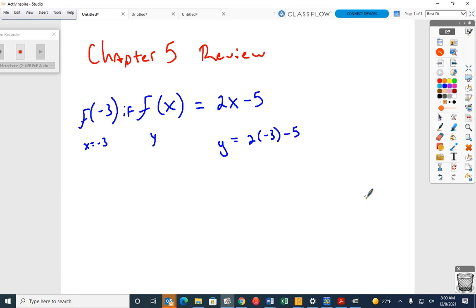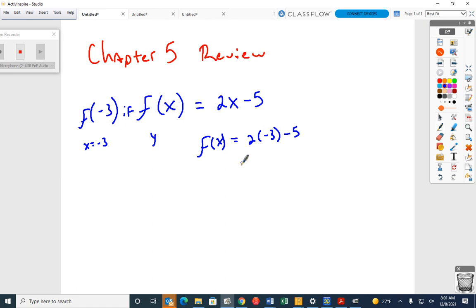When we identify this on a table, we're actually going to call it a y. We'll keep it as an f of x for right now, as a function. So all we did was replace this x right here with a negative 3. We have a value for x now.